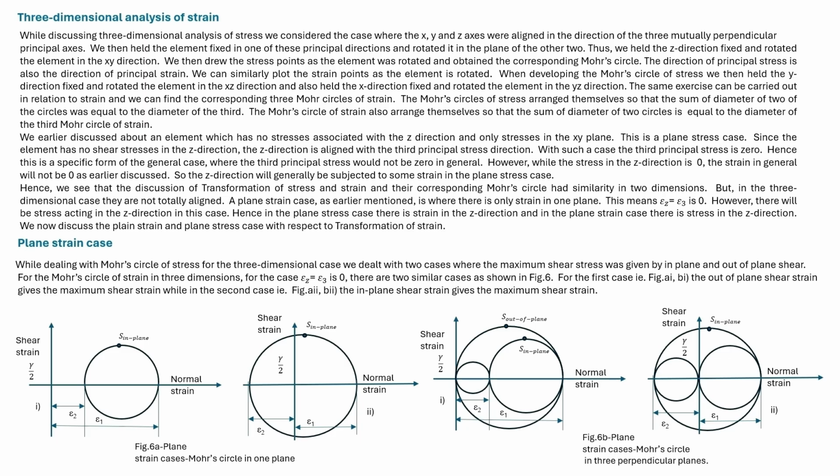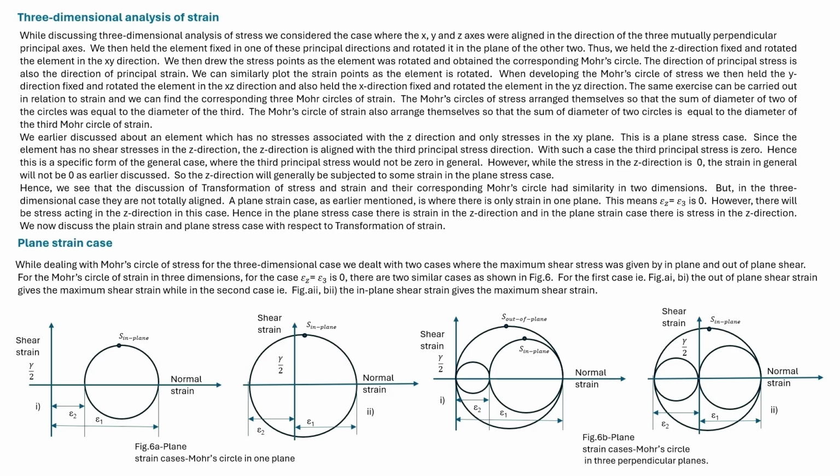Since there are no shear stresses associated with the z direction, the z direction is a principal direction. The principal stress in the z direction is 0. So the plane stress case is a specific form of the general case. In the general case, the stress in the third principal direction will not be 0.